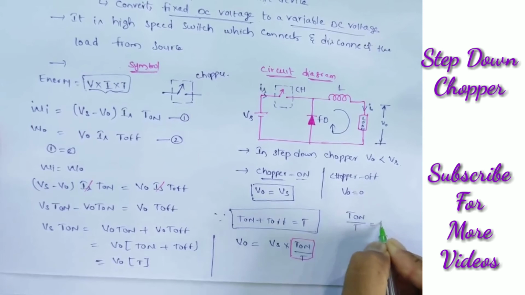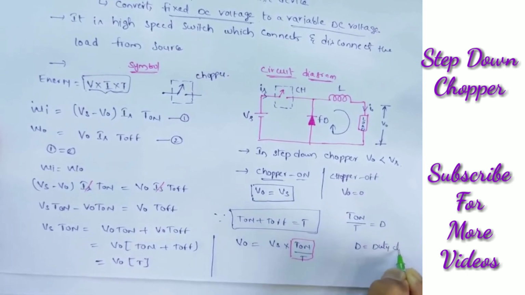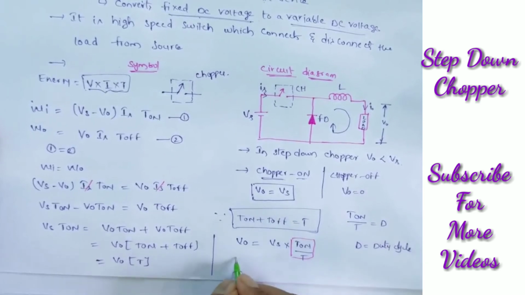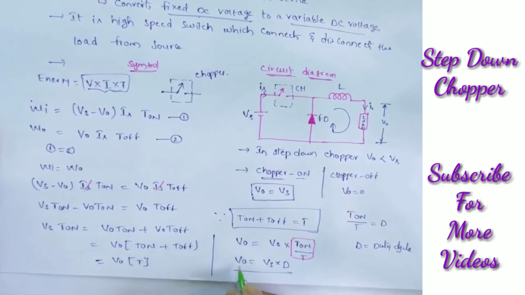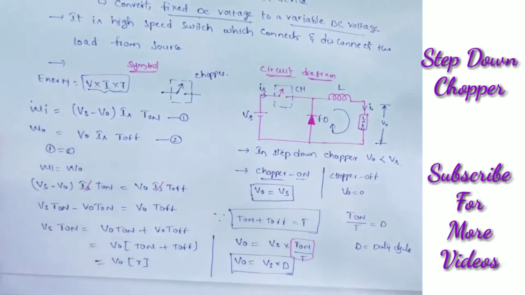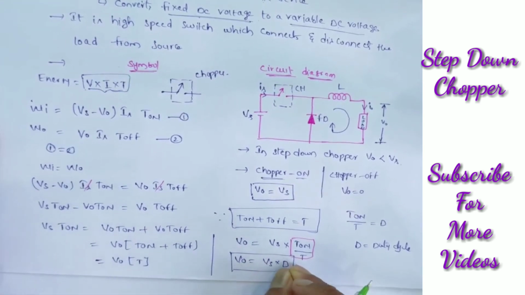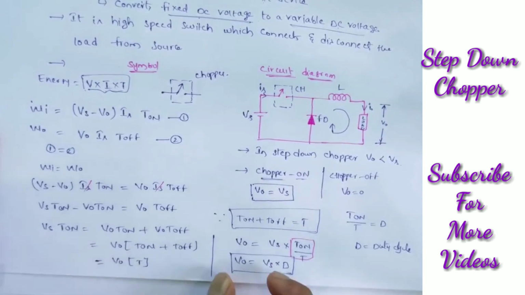T on by T equals D, that is D is the duty cycle. So V0 equals Vs into D. Sometimes they write D as alpha. We can also write different parameters for the duty cycle. I am considering D as the duty cycle. This is the output voltage equation.